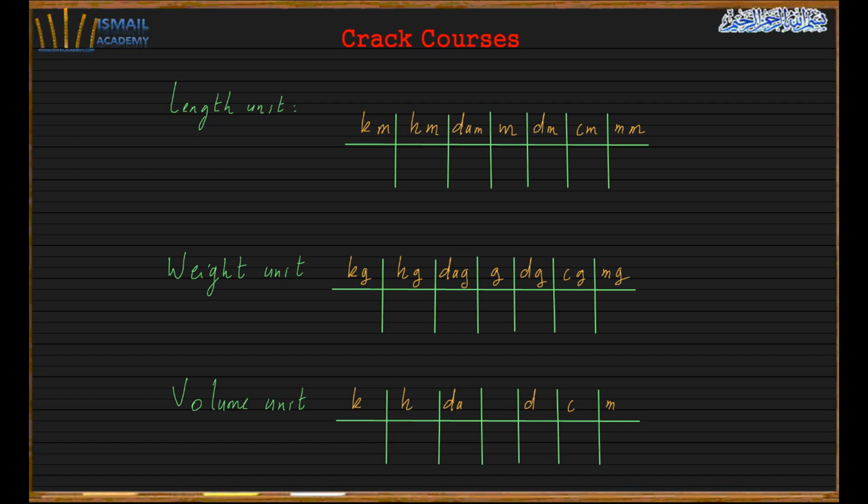Change this one to L. So we have L, deciliter, centiliter, milliliter, decaliter, hectoliter, kiloliter. As you see, it's the same behavior. This is why I showed you one table with unit, because the behavior of the length, weight, and volume is the same. There's no difference between them.